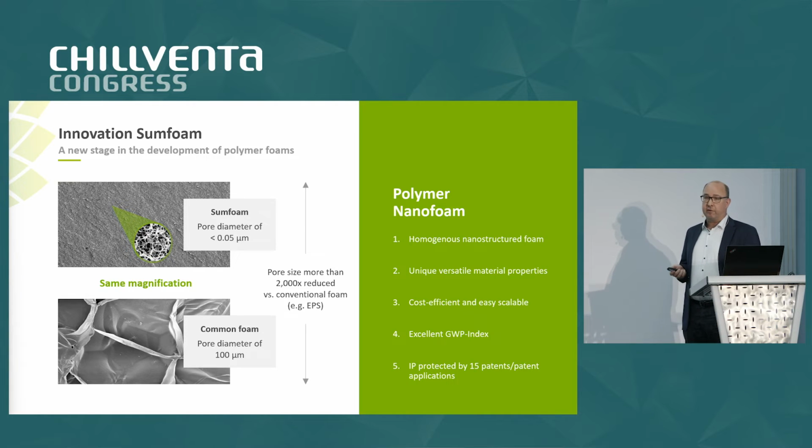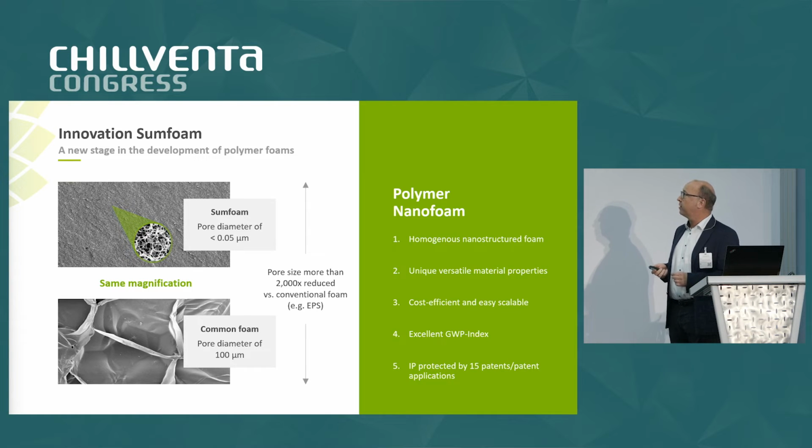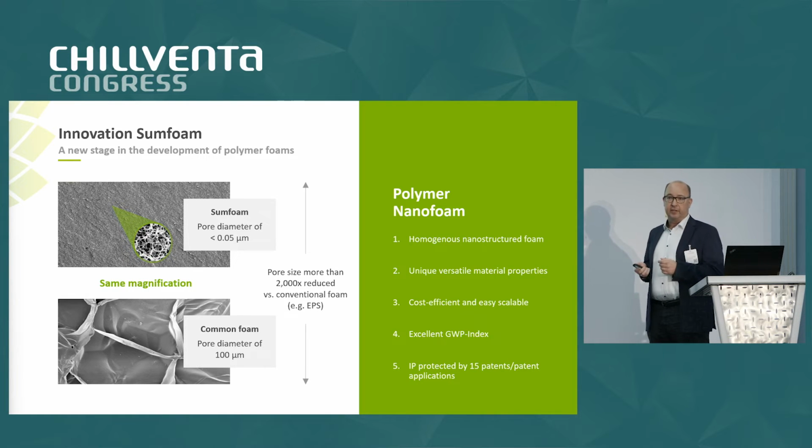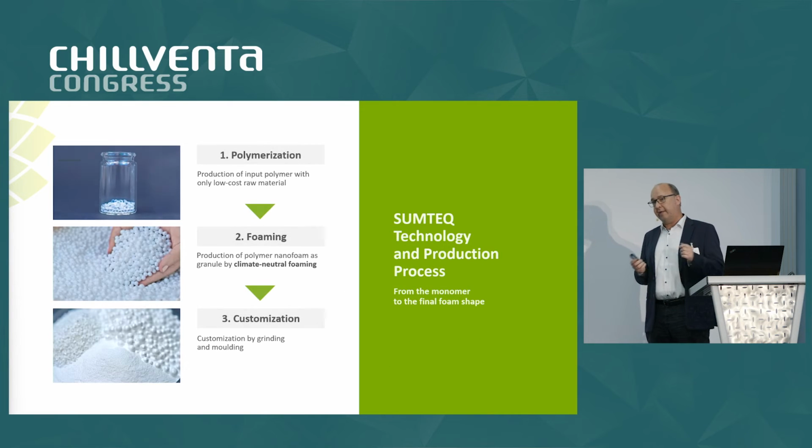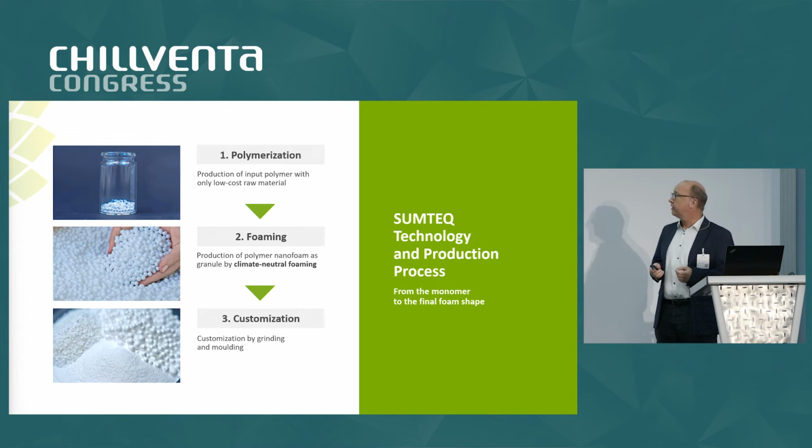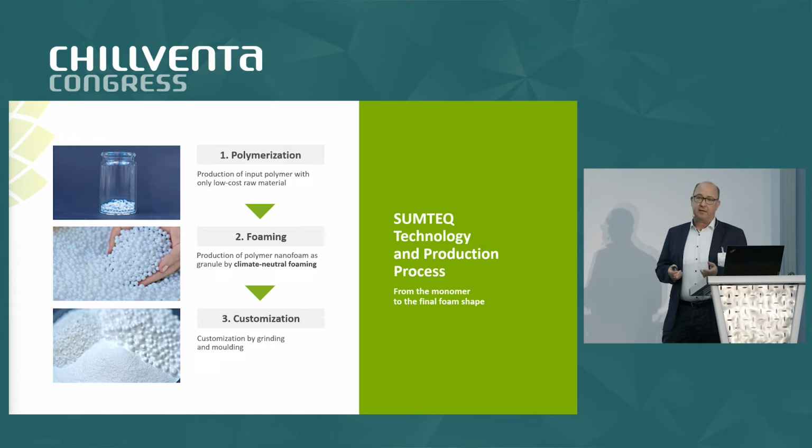To reach the small pore structures, we cannot use any polymer. That's the reason why we have to polymerize the materials ourselves. We buy monomers, we need some additives to change the structure and to reach the effect that we can have a nanoporous foam. Our basic material is a PMMA or MMA that we modify.